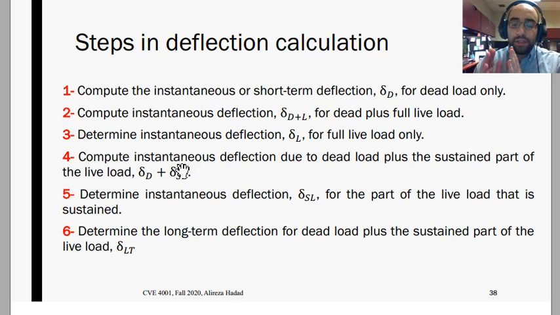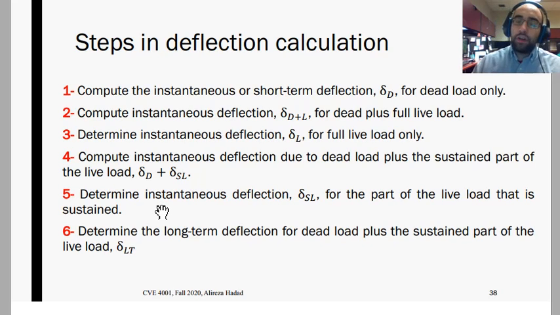In some questions, it specifies, for example, a percentage of live load is going to be applied over, for example, 2 years, 3 years, or 4 years. And in that situation, we have to consider the remaining 3 steps, or steps 4, 5, and 6, for finding the long-term deflection.